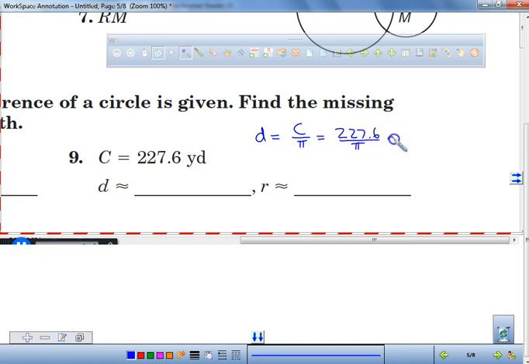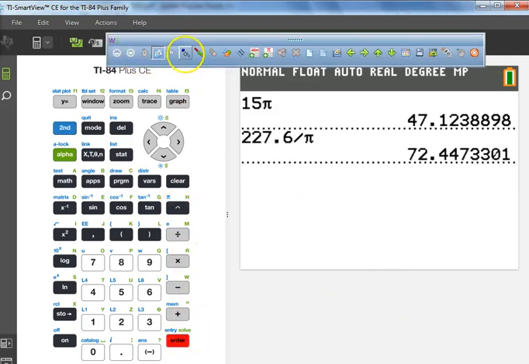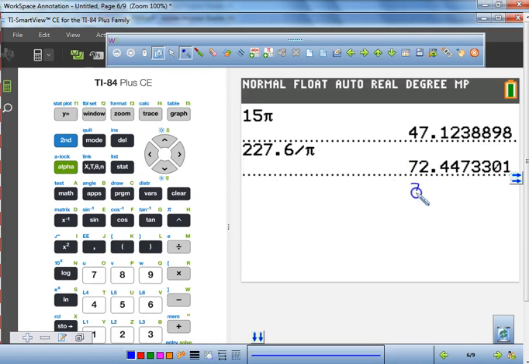That's what you're going to do. You're going to find an approximate answer. 227.6 divided by pi. So here we go. Now what does that give you? That gives you the what? 72.44. Oh, very close. We're going to call it 72.45 because that's a 7.